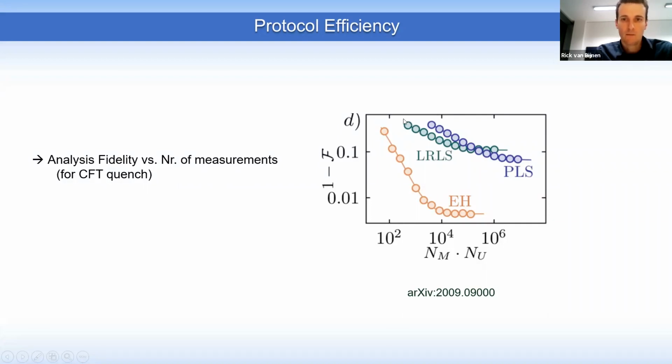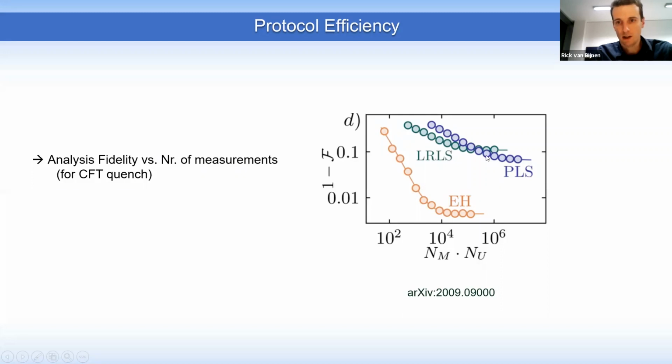And then we checked, for instance, these other competing methods, the most popular ones, low rank least squares and projected least squares. We really see that they don't even get near, right? So to get this 1% fidelity, the low rank least squares plateaus here.